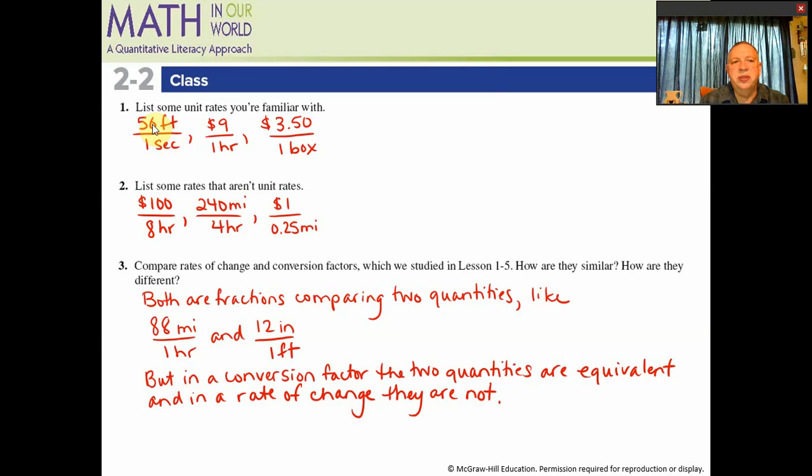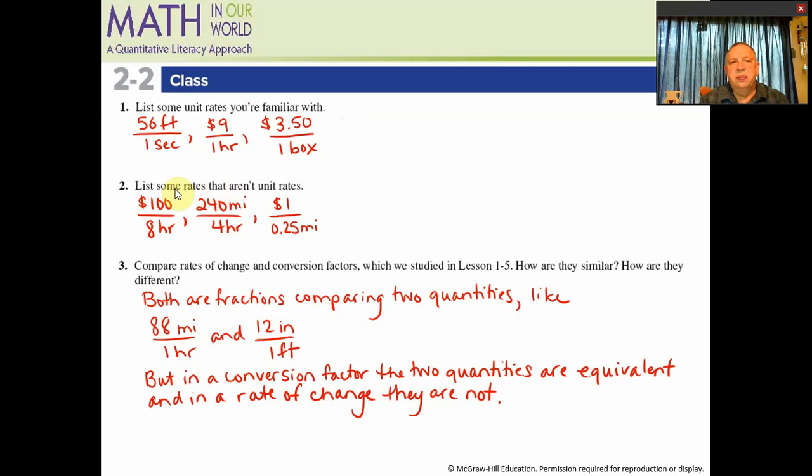So 50 feet per second means I've gone a distance of 50 feet in 1 second. I make $9 an hour, that's my work rate. For every hour I work, I get $9. And here I make $3.50 for every box I sell: $3.50 per box, $9 per hour, 50 feet per second.